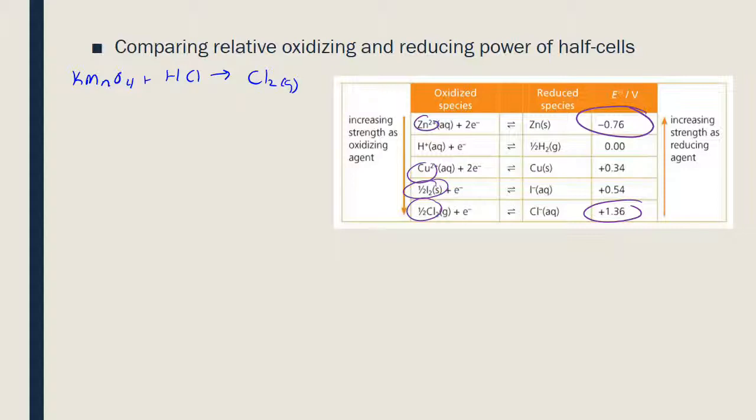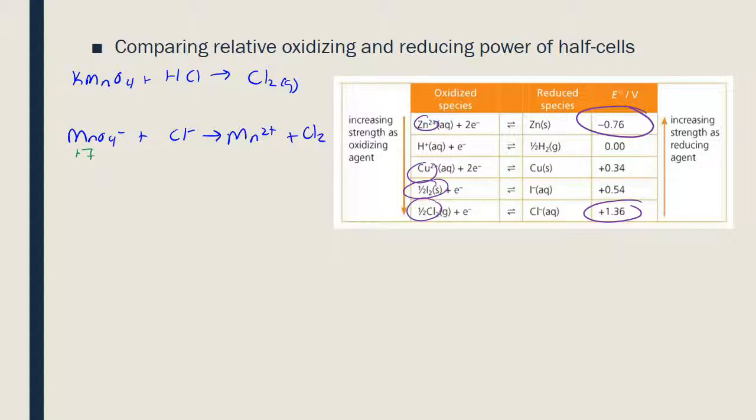So first thing we're going to do is we're going to write our half reactions. So we've got MnO4 minus reacting with Cl minus. And we want to know, is it capable to create Mn2 plus and Cl2 gas? Is this going to occur? Well, let's figure out who's being oxidized, who's being reduced.